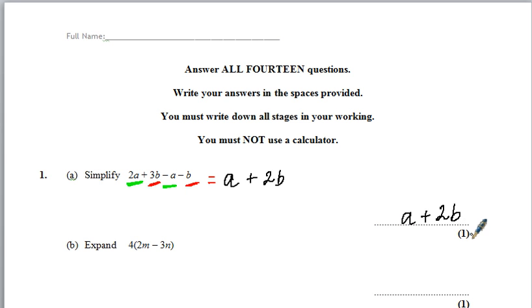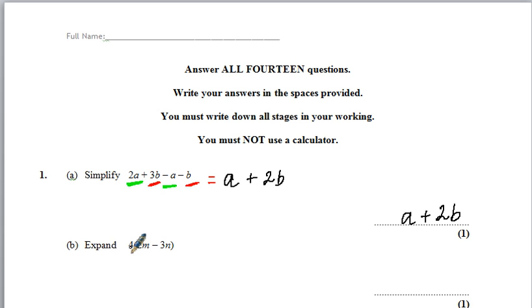Only 1 mark was allocated for the correct answer. That's because the question was considered quite simple, right? And now expand the brackets here. Expand means multiply them out. So we have 4 bracket 2m minus 3n.